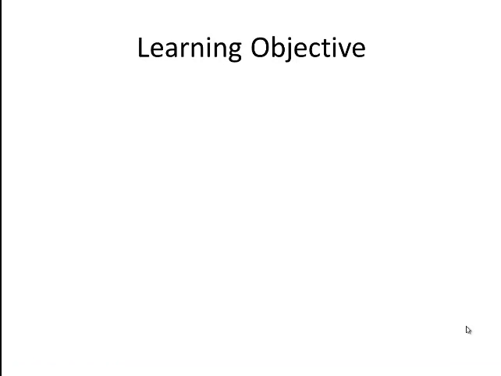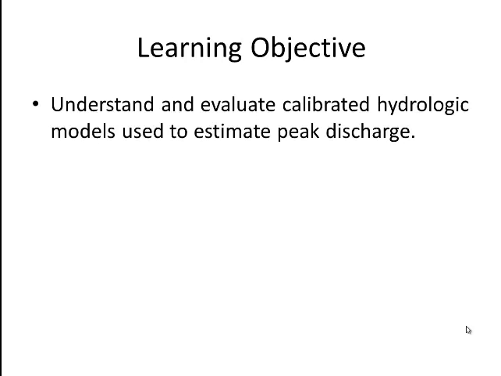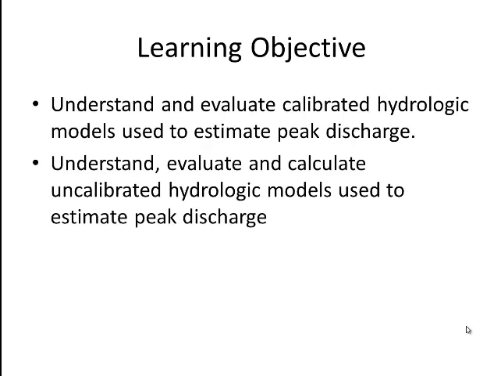In this lesson on peak discharge, there are two key learning objectives. The first objective is to understand and evaluate calibrated hydrologic models used to estimate peak discharge. Calibrated models are based on gauged watersheds. The second objective is to understand, evaluate, and calculate flows based on uncalibrated hydrologic models.